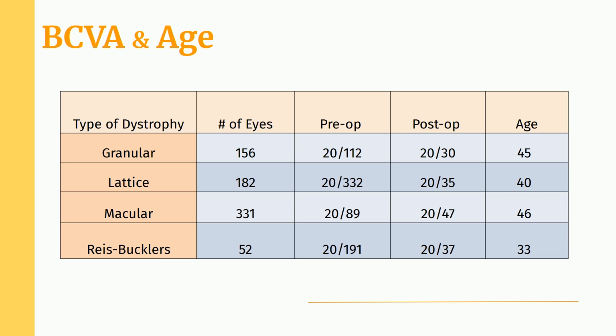For all of them, we have pretty good post-op results, which is great. And with macular, we generally tend to see surgical interventions sooner, or maybe not sooner, but when their visual acuity isn't quite as poor compared to the other ones, which I think makes sense because the recurrence rate for these isn't as high as the other ones. So I think that's a really good clinical choice.